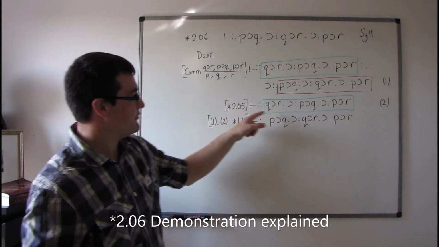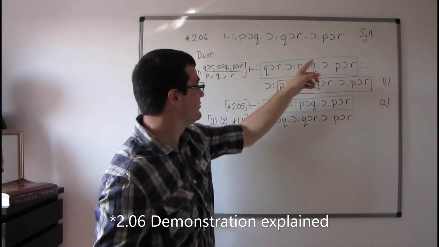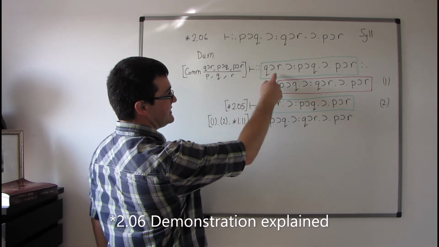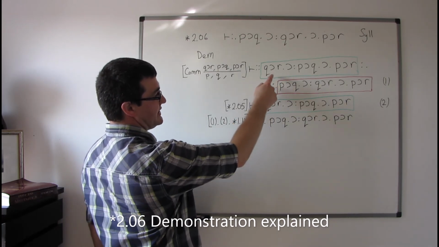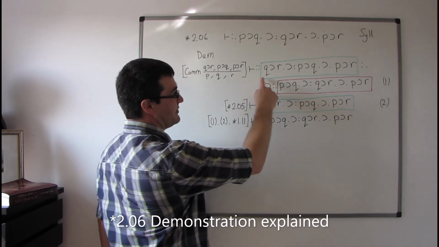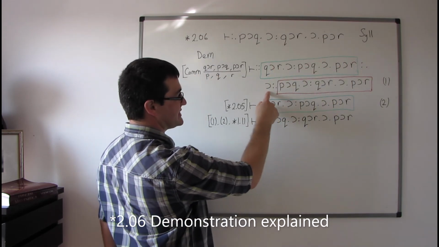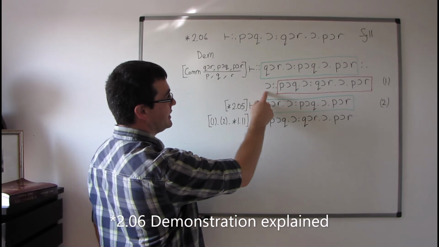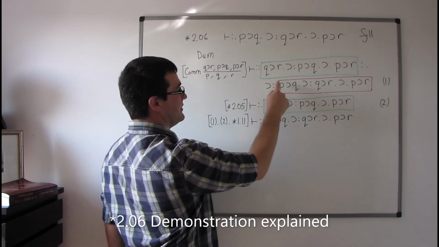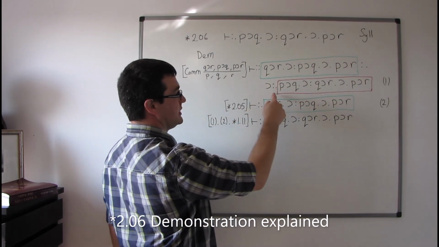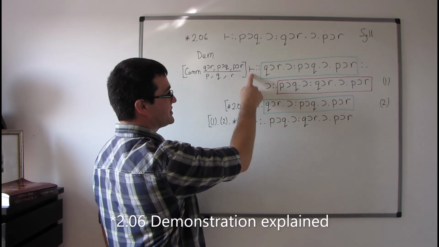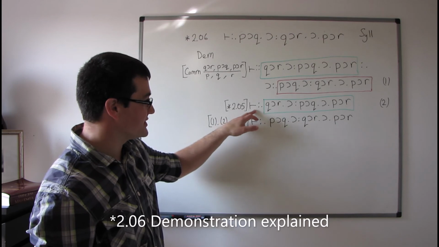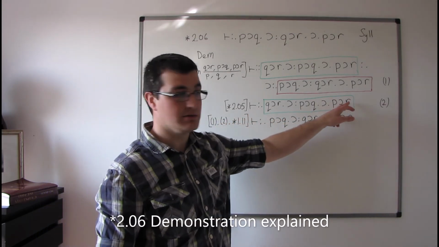Now, the reason I've put these boxes around here, these two in green and this one in red, is because this is identical to this. Now, this is effectively the hypothesis of this implication. This is the main implication in this proposition, and this is its hypothesis, and this is its consequence. And it turns out that we are asserting an implication, and we are asserting its hypothesis.